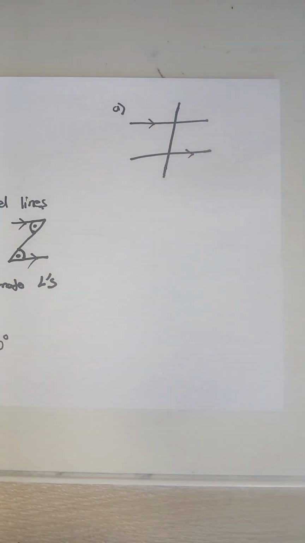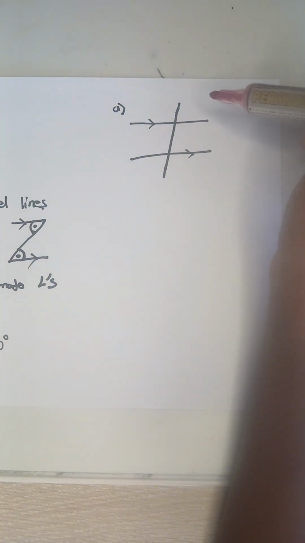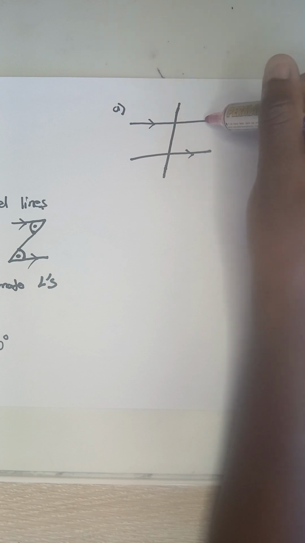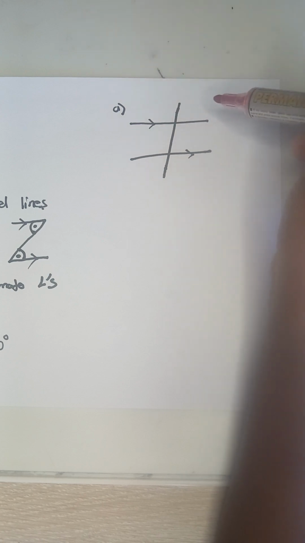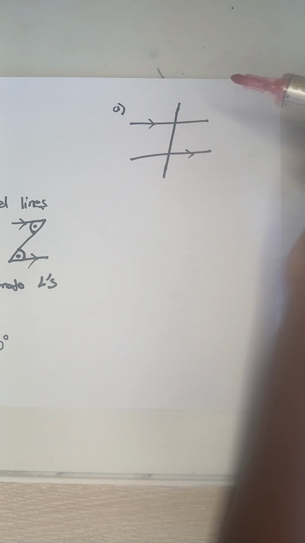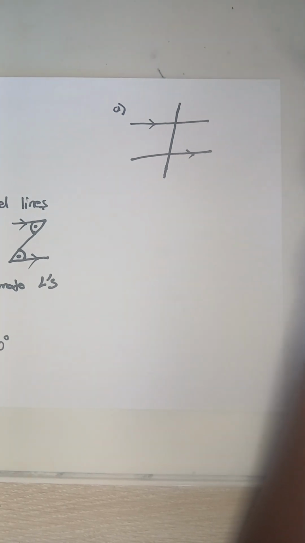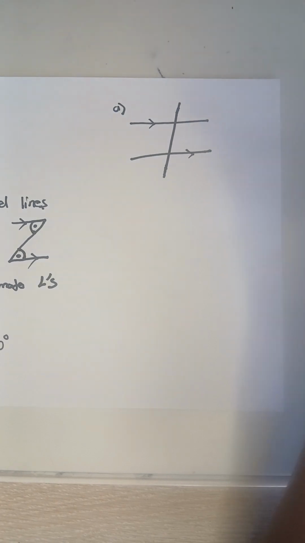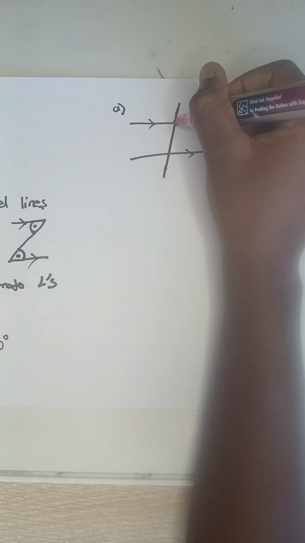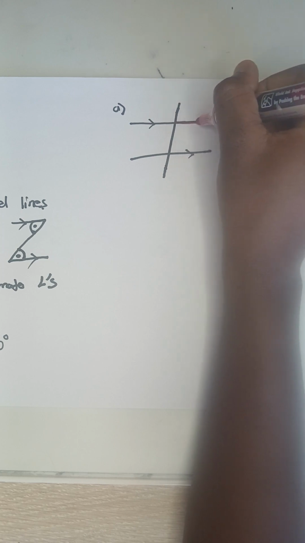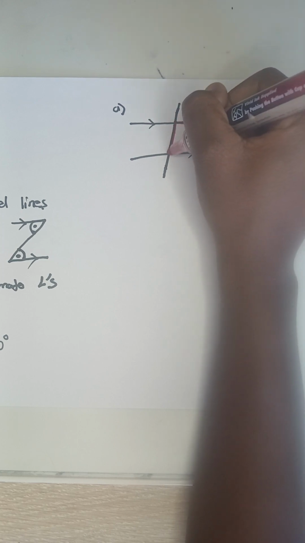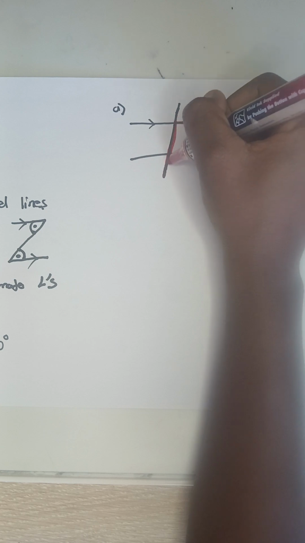Corresponding angles are angles that you can see by looking for the F shape. I don't want to confuse you. Do you see this F shape?